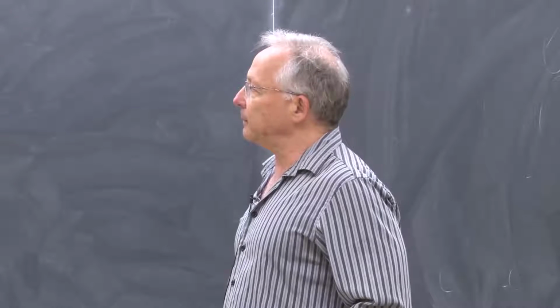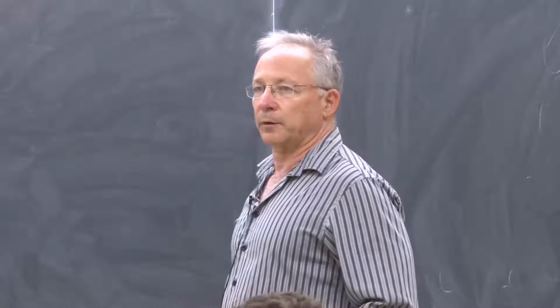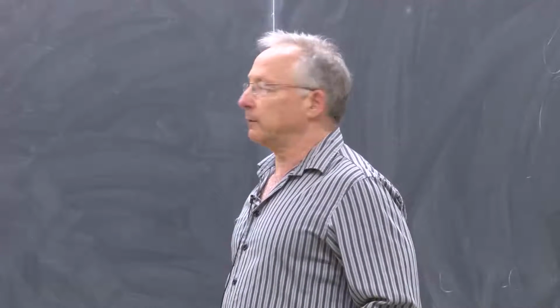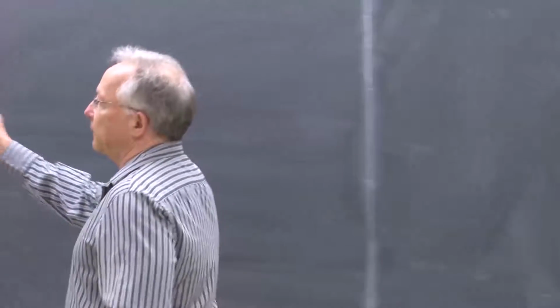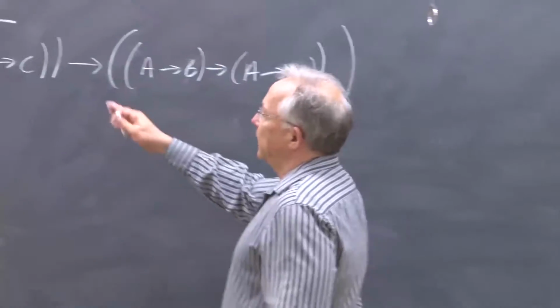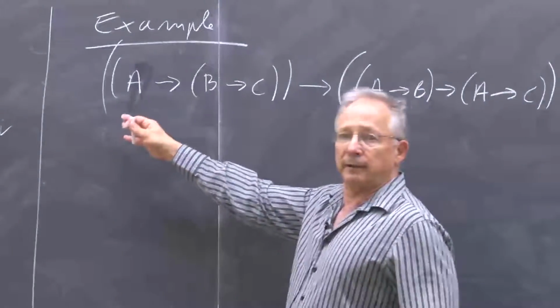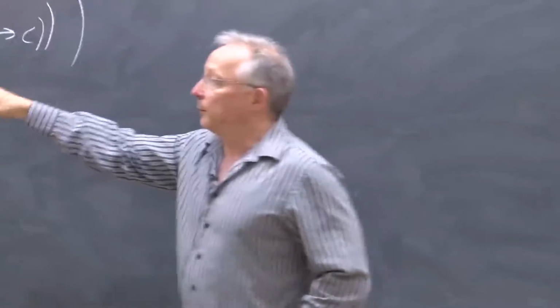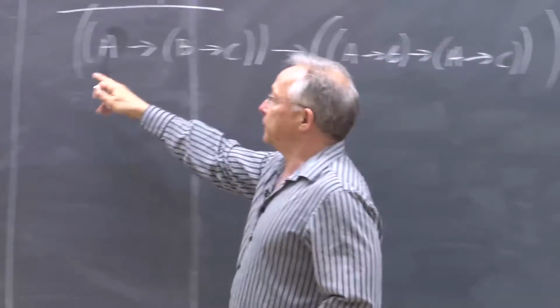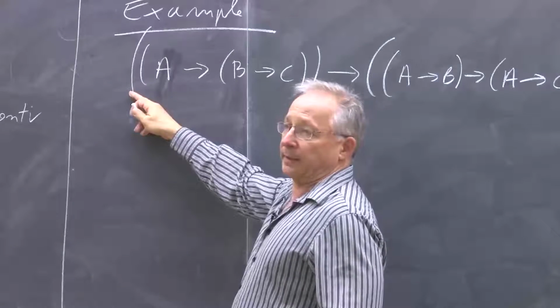Since it is made mainly of the arrow connective, we want to check if something is a tautology, we search for the main connective. We find the main connective by counting parentheses. We ignore the first one. Then we look for the first place of equality.